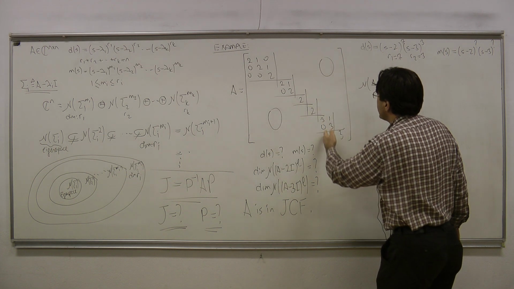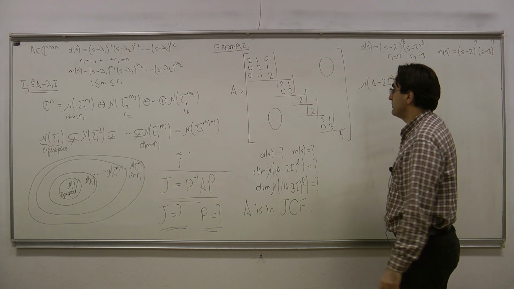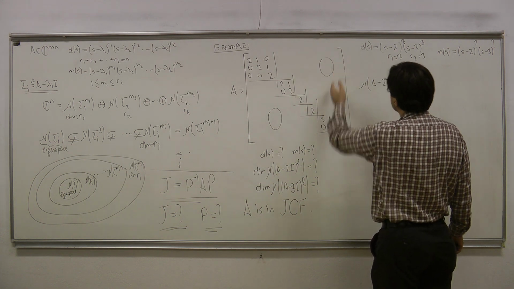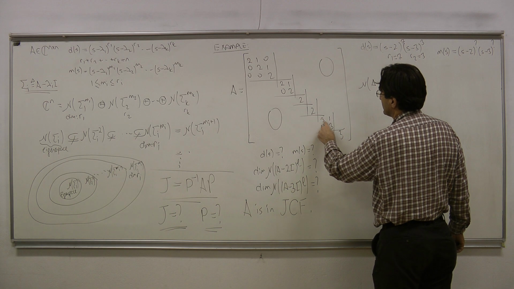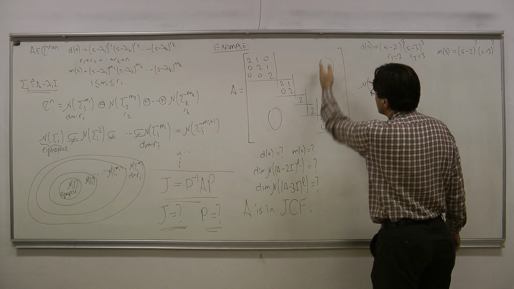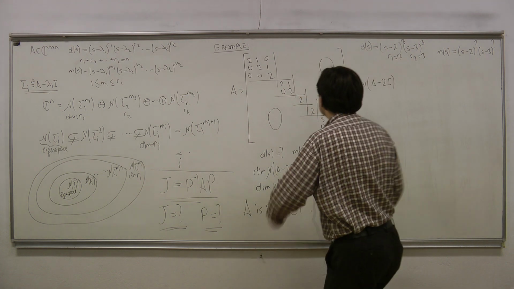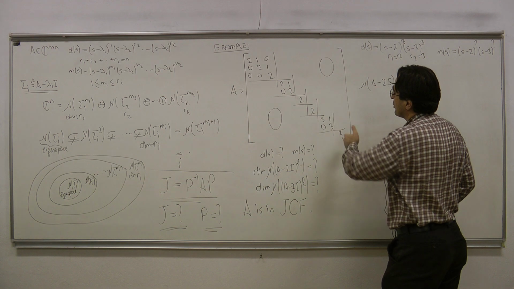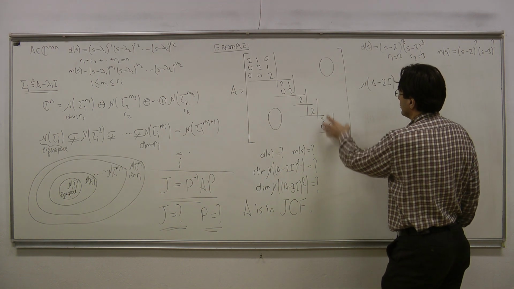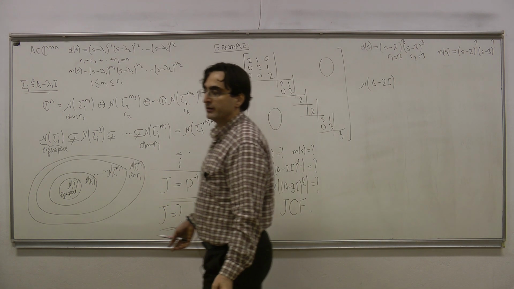Therefore, these columns would always be linearly independent when we subtract 2 identity from this matrix, because these diagonals would remain non-zero, and that would make these 3 columns linearly independent all the time. So there wouldn't come any zero column into this matrix which would contribute to the null space dimension.